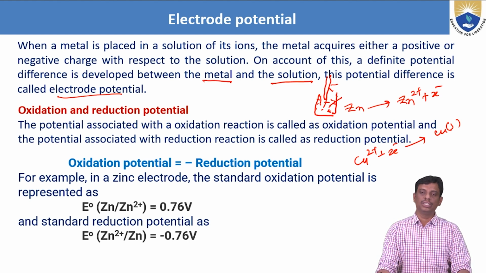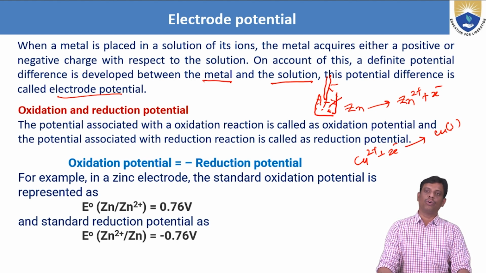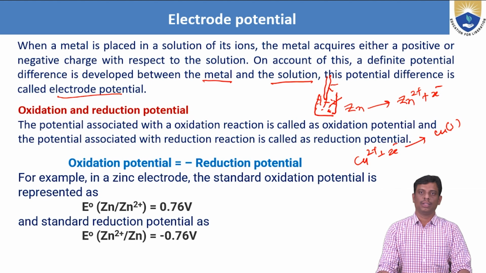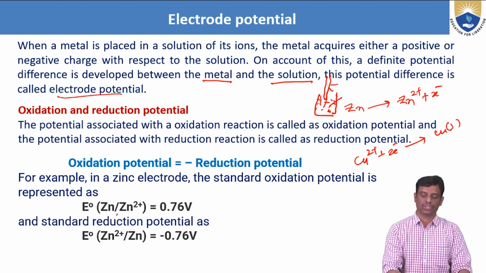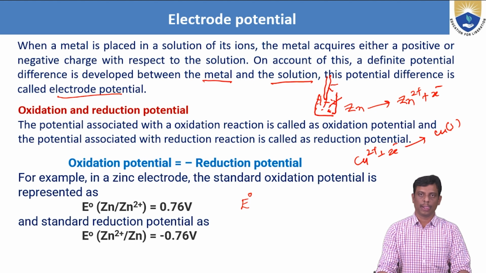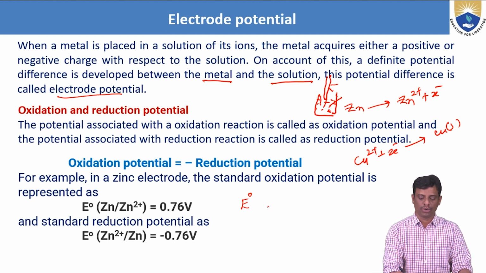If you look at the zinc electrode, the standard oxidation potential is represented as E0, which means standard potential. The standard oxidation potential means zinc releases electrons, losing electrons and converting to zinc 2+.